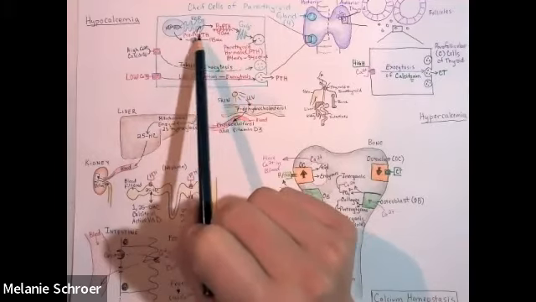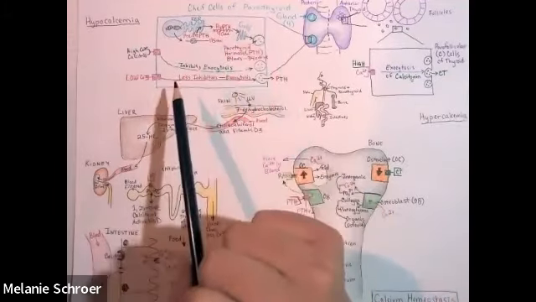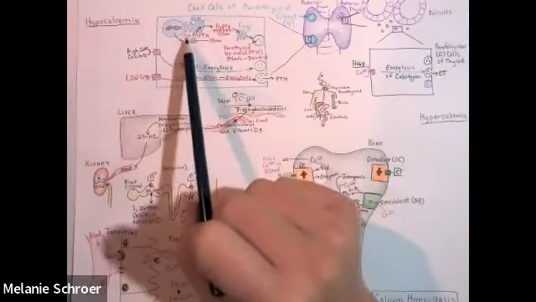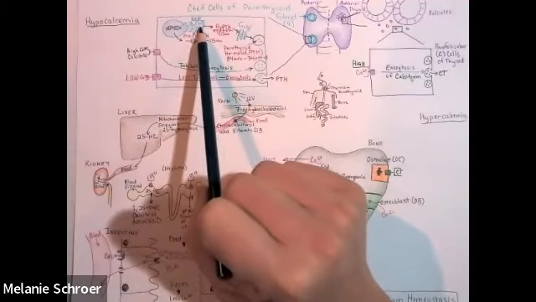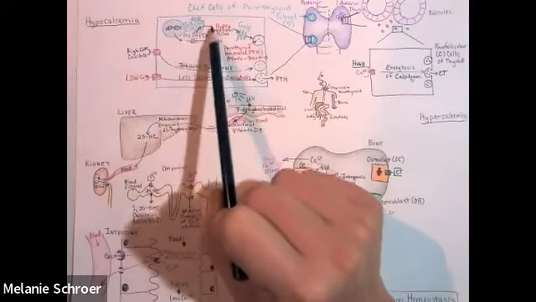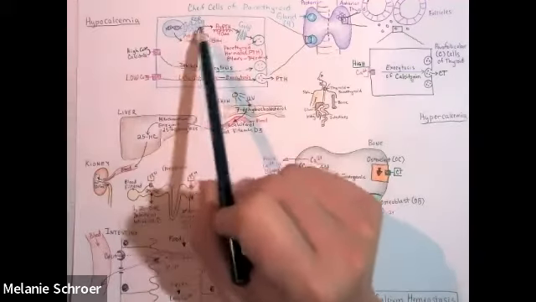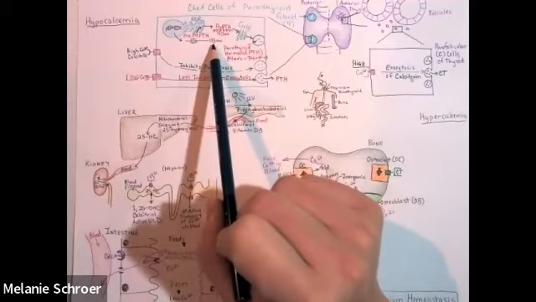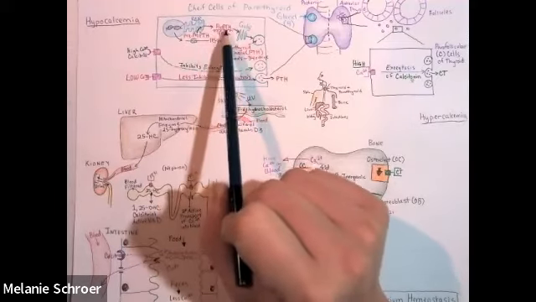We call this pre-pro PTH, parathyroid hormone, or parathormone, depending on what source you're looking at. This pre-pro PTH is going to be processed by the rough endoplasmic reticulum. In the process of the RER's function, it is going to cleave off 25 of these original amino acids, leaving a 90 amino acid long pro-PTH.